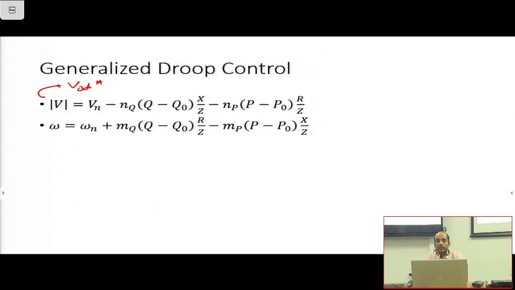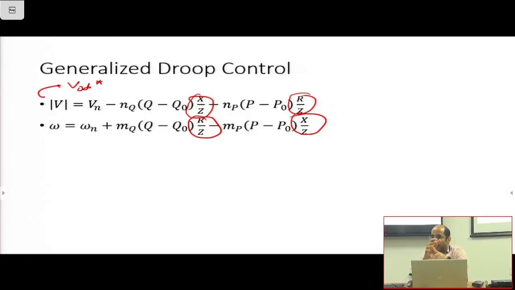But then one of them will dominate if the line is more reactive or more resistive, right? To add that feature, weighting factors are given. These four are your weighting factors. That means you put more weight. For example, let's say the line is purely reactive in nature.